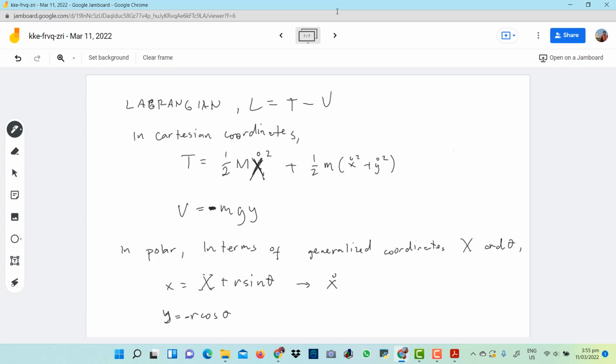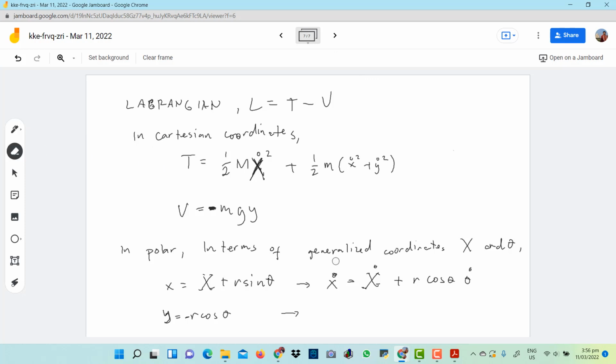If you take the derivative of x, this is just equal to big letter X plus r is constant. So, ang i-derive lang nimo is only the theta. So, r cosine theta theta dot. Sakto ba? Tama ba? R cosine, derivative of sine is cosine.